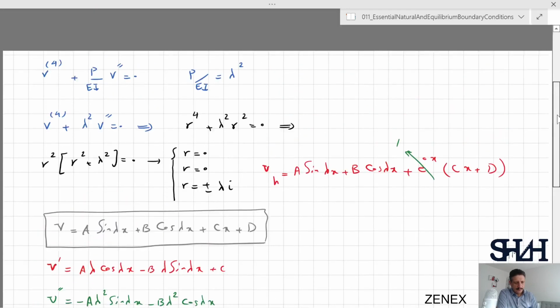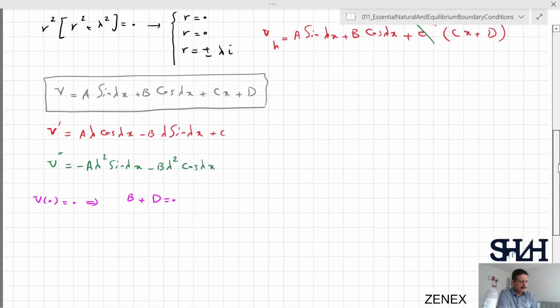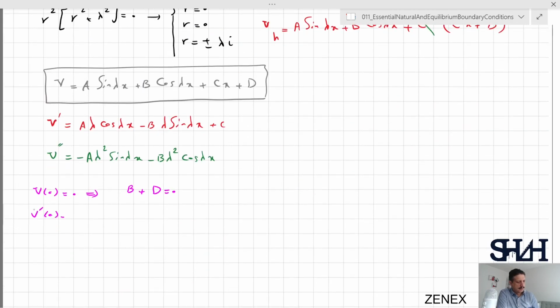The second is V prime at 0 is 0. A lambda plus C equals to 0.